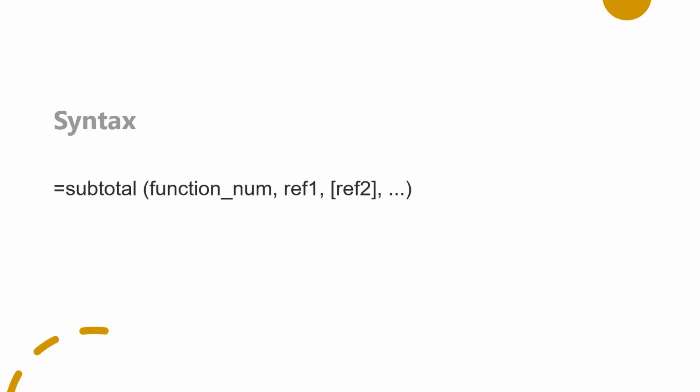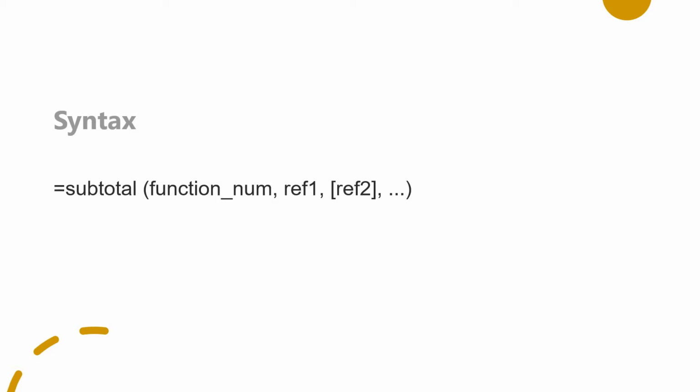Right? Next comes the second parameter, reference 1. Reference 1 is nothing but a range or a reference to a subtotal. The next one we have is reference 2, reference 3. These will be optional, because of the range or reference which will go for the subtotal here.